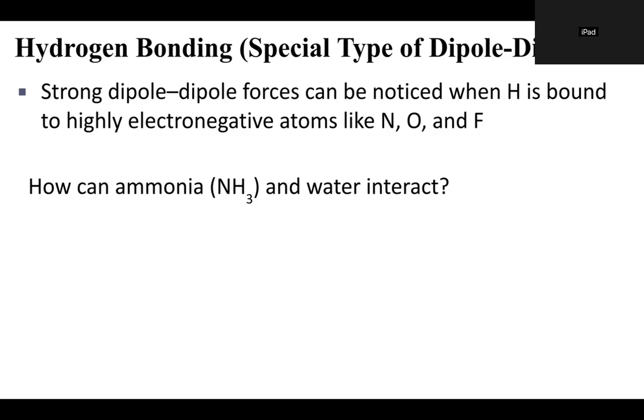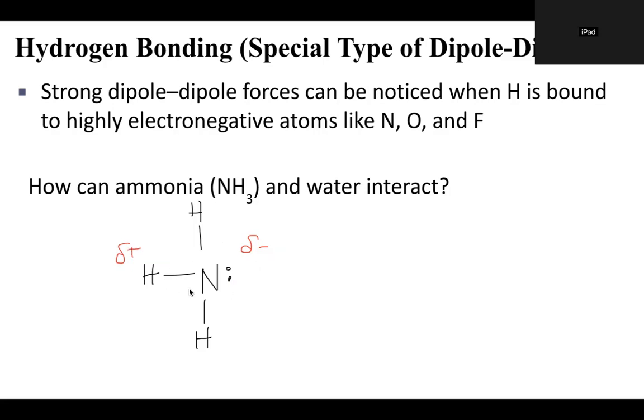So let's look at ammonia and water. I know that in ammonia, the N is going to be in the middle. So we have N, and we have 3 hydrogens around here. And we also have a lone pair on this nitrogen. Now, if I wanted to ask you where the partial negative and the partial positive was, hopefully you're able to say that the partial negative is going to be the end where the nitrogen is, and the partial positive is going to be the end where these hydrogens are.